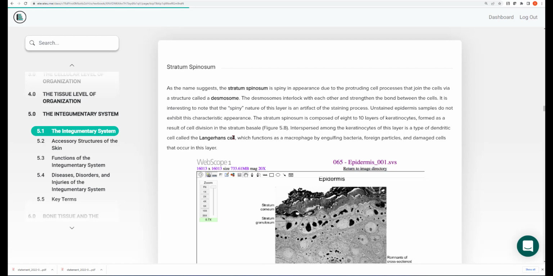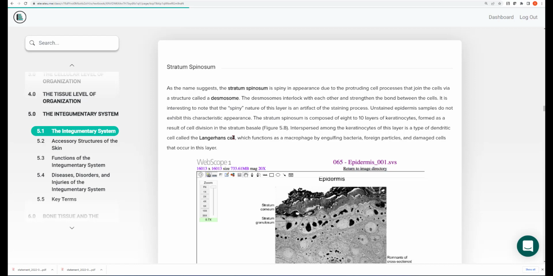Langerhans cells, named after a guy, are macrophages. Now, the term macrophage, what does it mean? Macro, large, phage, to eat. These are large, eating, phagocytic cells. They can phagocytose. Typically these cells are wandering around in the stratum spinosum.